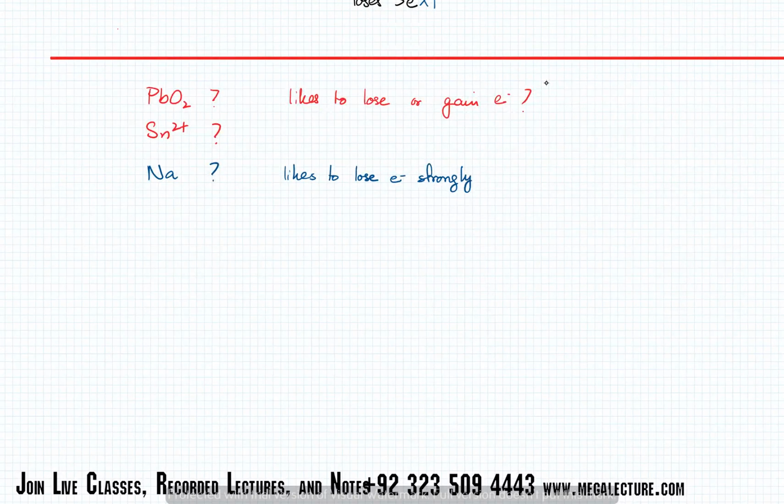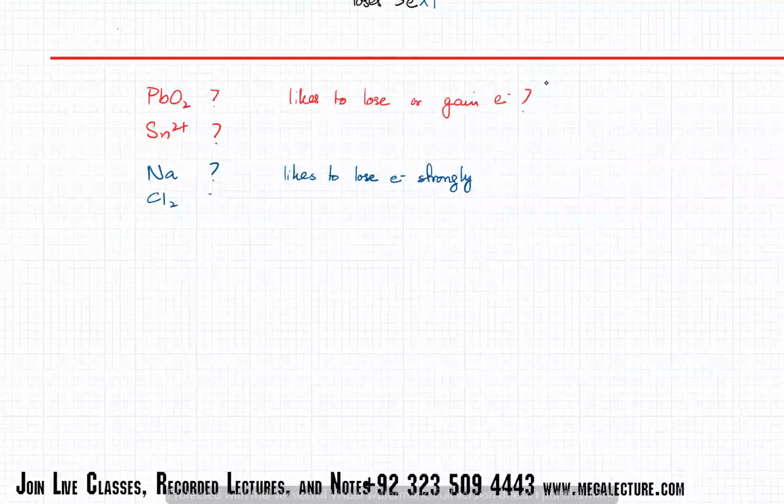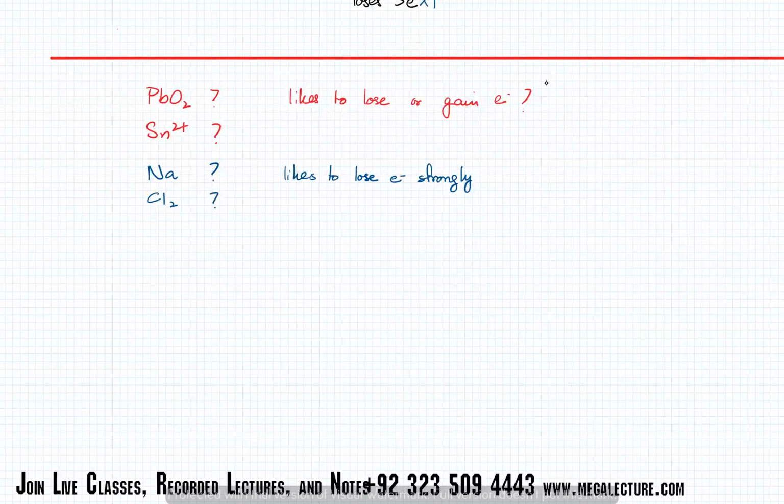You can just guess this for very few elements. What does Cl2 like to do? Lose electrons or gain? Gain electrons. Okay, and it's a very reactive substance, so it likes to gain electrons kind of strongly.